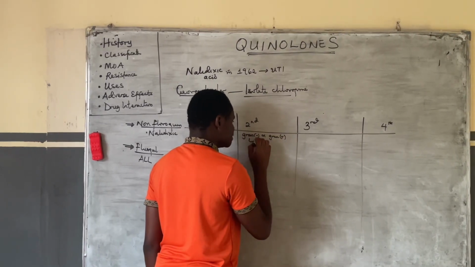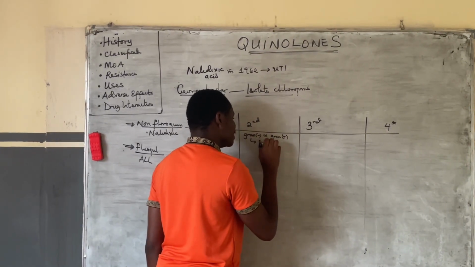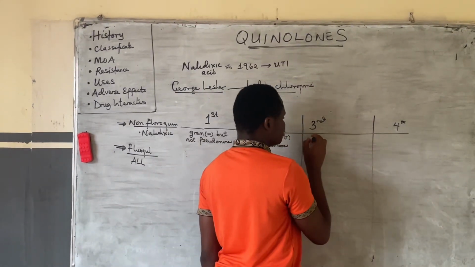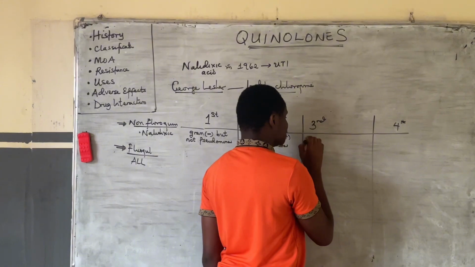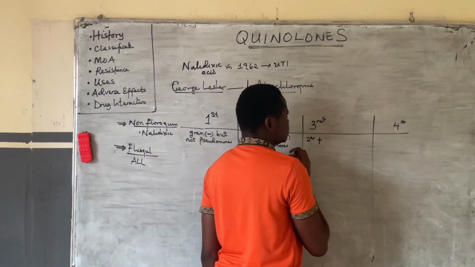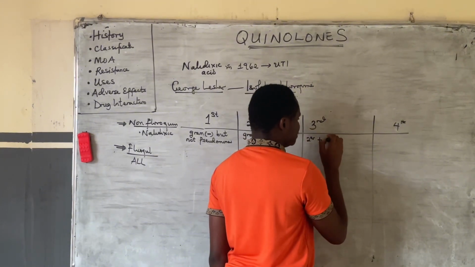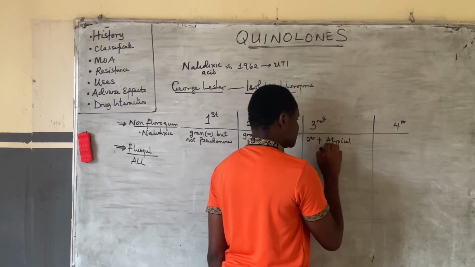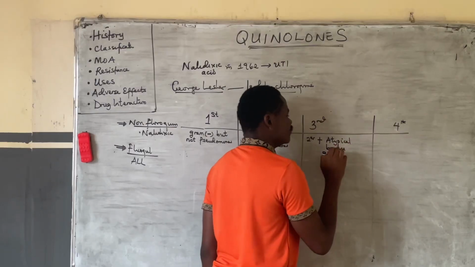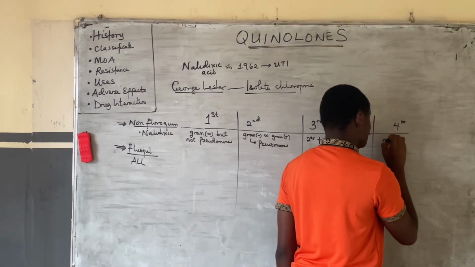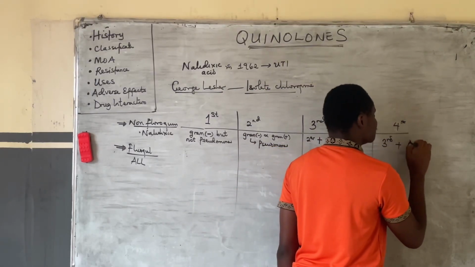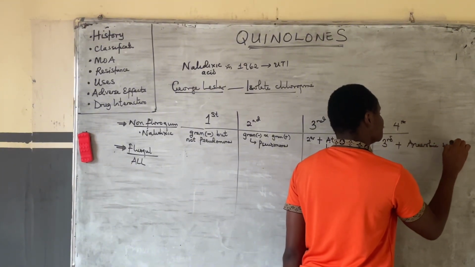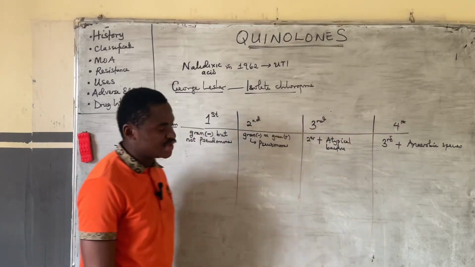The third generation has everything we see in the second, plus action against atypical bacteria. And the fourth has all that we see in the third, plus anaerobic species. So that's what I want us to appreciate.